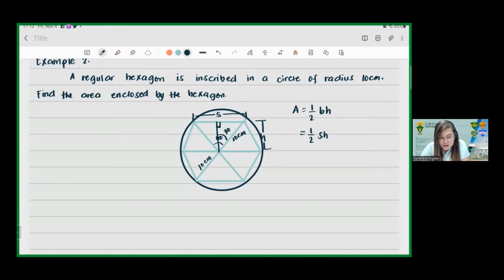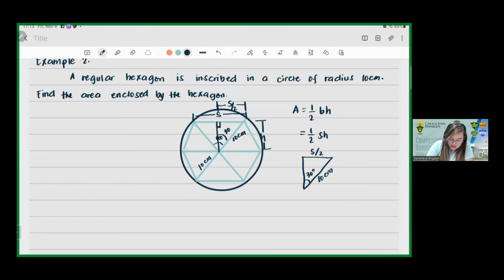So we will find them using sine and cosine, no? If we divide the side S in two, it becomes S over 2. This is S over 2. So we have a triangle here: this is 10 cm, this is 30 degrees, this is S over 2.